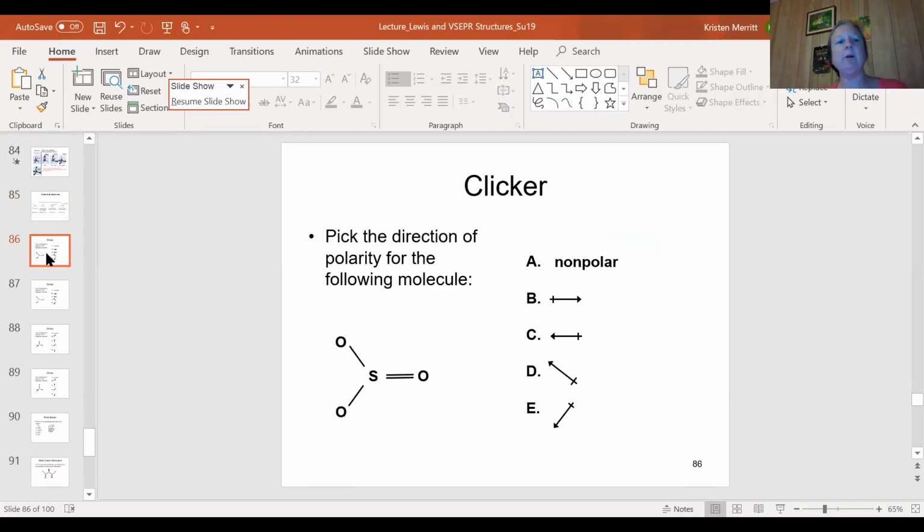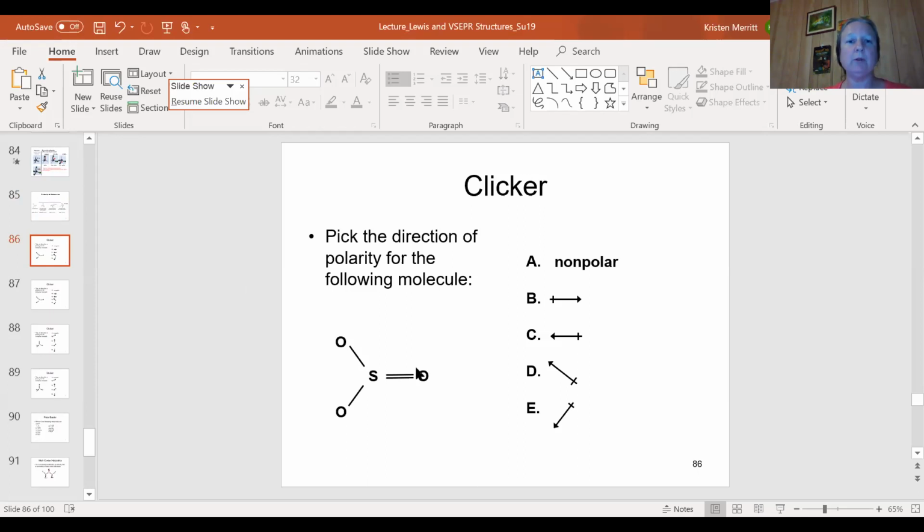So what's the polarity? Let's work through some of these. What's the polarity for this molecule? You simply look up what's the most electronegative. Because you have a trigonal planar, you have an AX3.